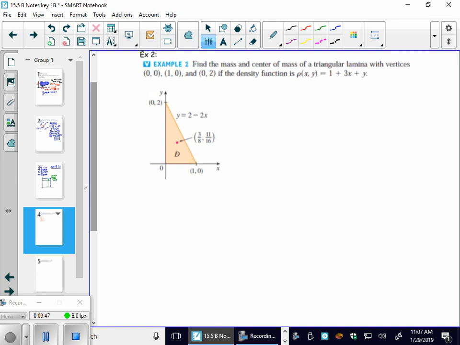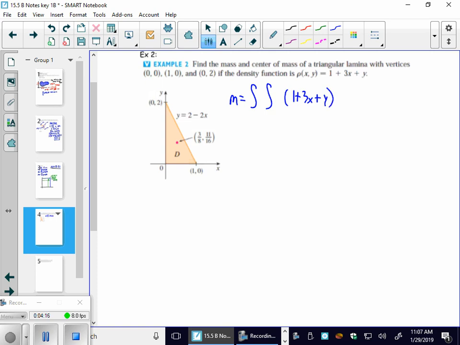You can do this in other ways, and you can do full expansions, and it might be just as easy for you to do it that way. It depends. To me, it takes a little bit longer, so I try and find whatever little things I can to make the problems a little bit quicker. All right, so in general, our mass was the double integral of our density function, 1 plus 3x plus y, over this region.